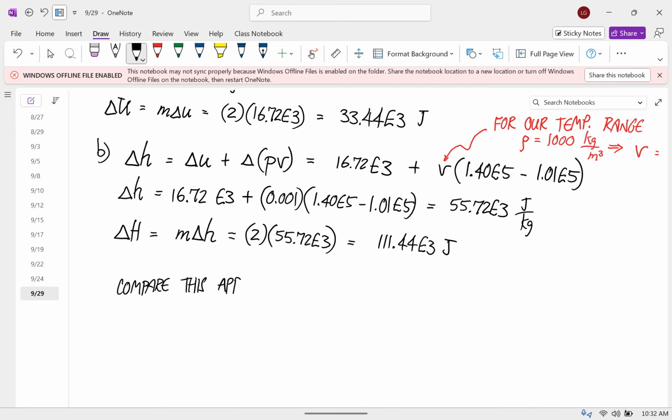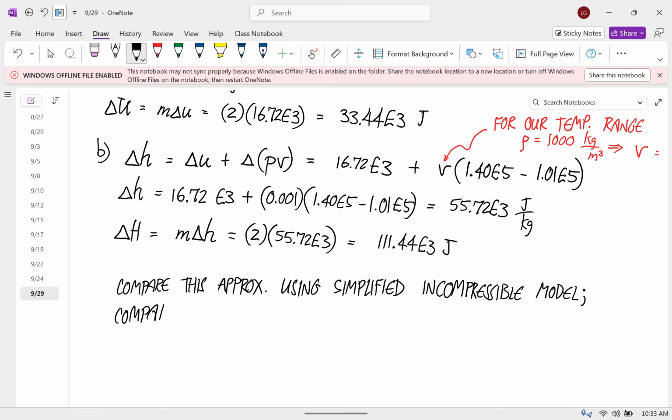So this is an approximation using the simplified incompressible model. So let's compare it to the table or the website.